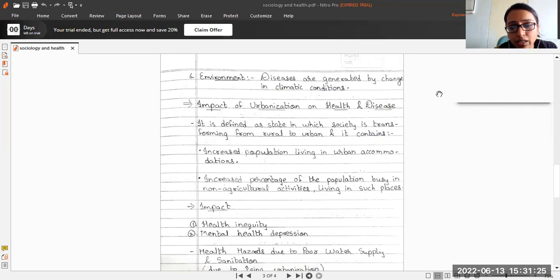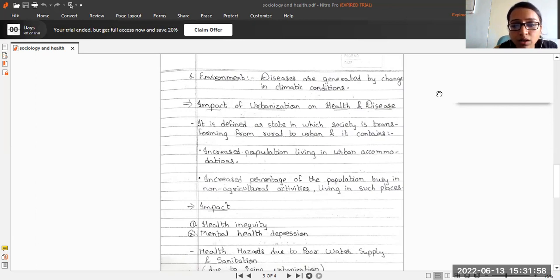So in urbanization, as the population is increasing, as everyone needs a better life or wants to move forward, society is moving from rural to urban areas. Many people are moving from rural areas to urban areas. This will cause increased population in urban areas. Urban areas will be flooded with populations.